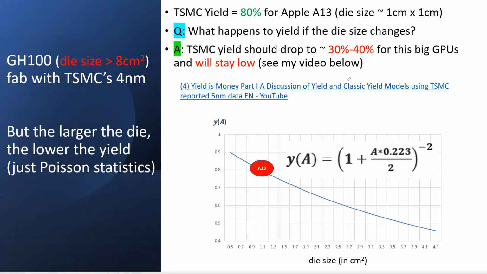And then you cannot improve it. That's given by the statistics, the best you can do. So you cannot say, I'm going to improve my process to make the yield like 80, 90%. That's impossible.